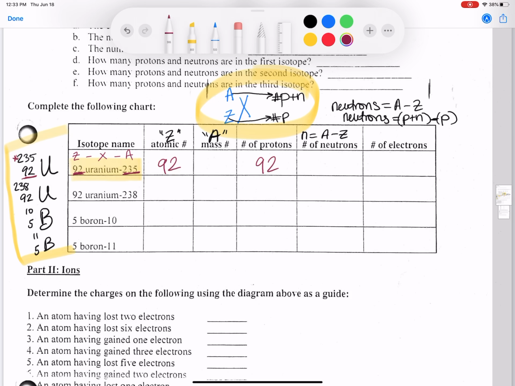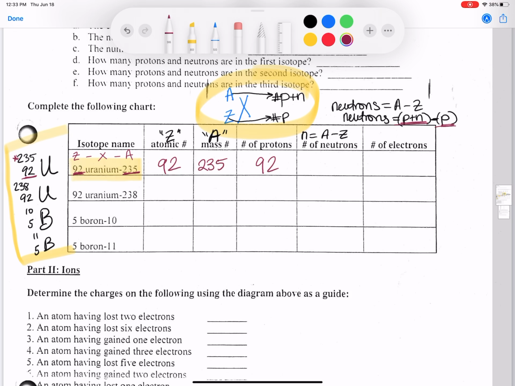And so in my notation, it's the one on top. So I'm going to go ahead and fill that out. It's 235. For isotopes, I really want to focus on understanding how many neutrons they have. So I have two options. I can just do A minus Z if I'm given that information. Or if I really need it, I can map it out where I know that my A number is protons plus neutrons, and I'm going to subtract my protons. That's going to really be the only way you can determine number of neutrons. You need to have the mass number available.